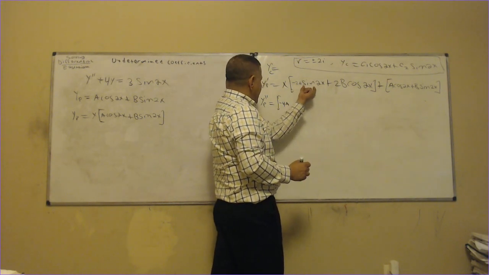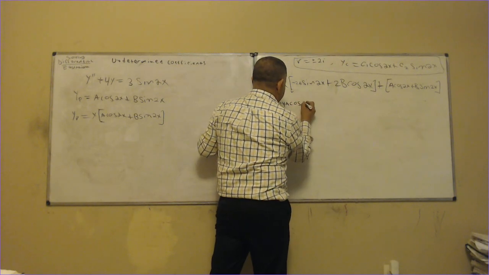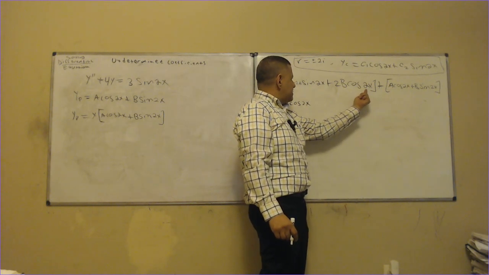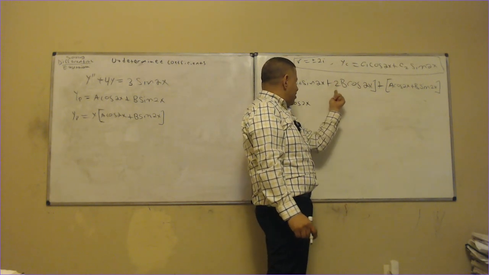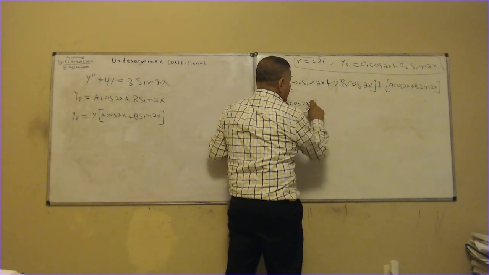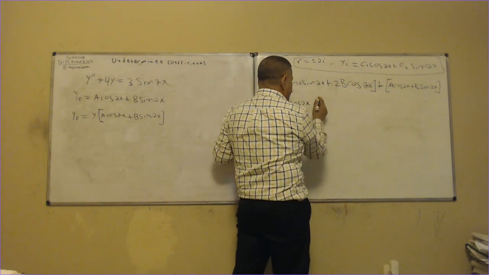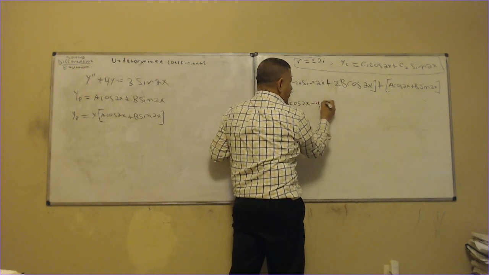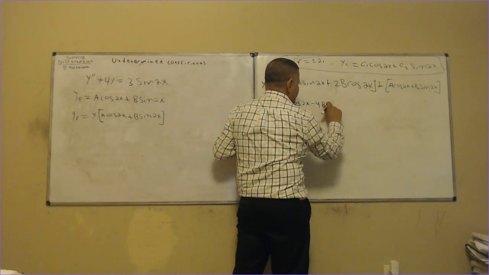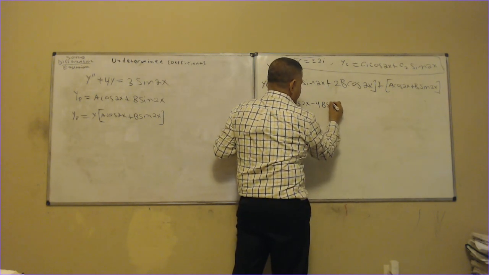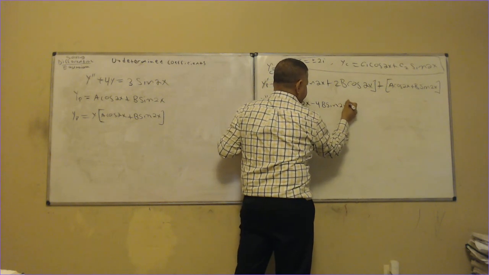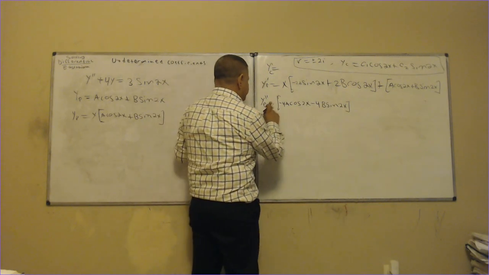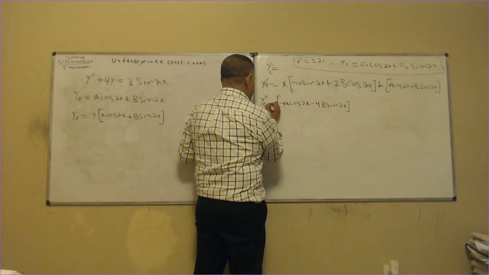Now the derivative of the sine is cosine 2x. Same thing, the derivative of this comes at the front, so the derivative of this is just 4, but the derivative of cosine is a negative sine, so it's -4b sine of 2x. That is only one part, so that's basically the step that we took.